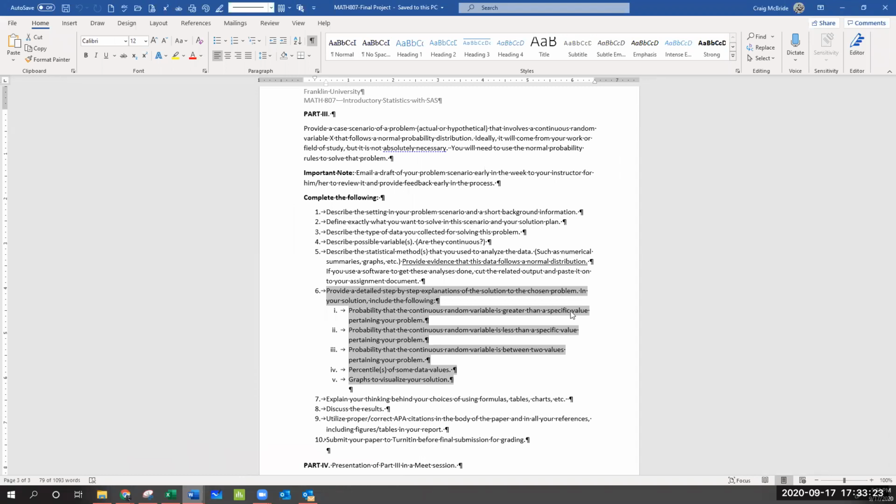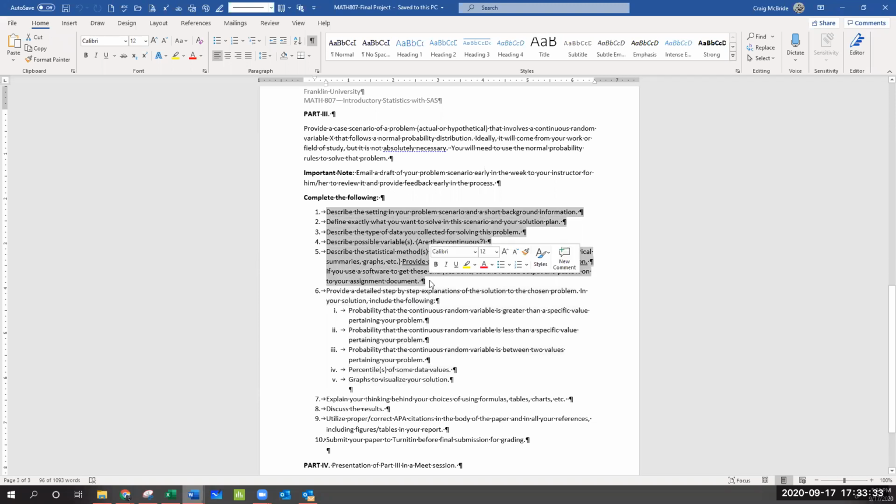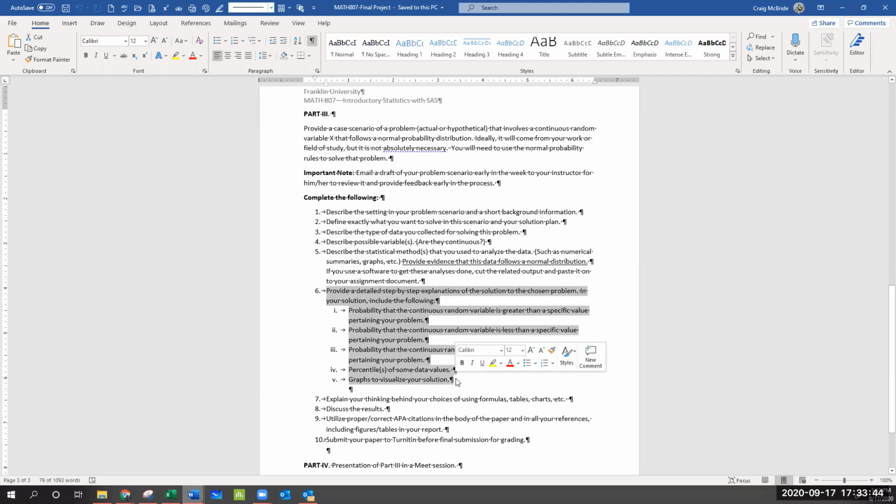But the idea is that those numbers would come from the data that you're describing in 1 through 5. So that's why you want to pick a variable for 1 through 5 that is continuous, so that you could, in essence, run the real things in number 6 if you actually had the real data for that variable. But this is all a thought experiment.